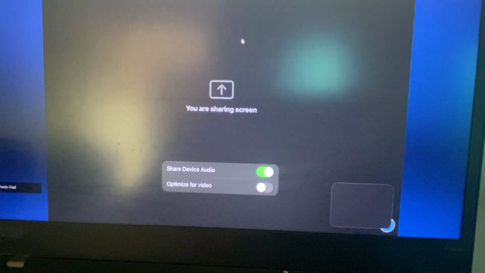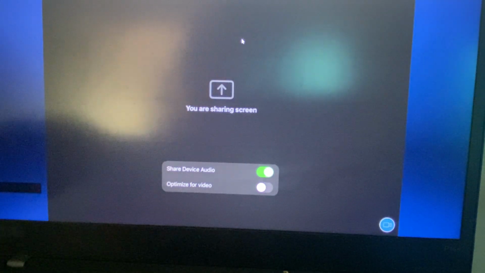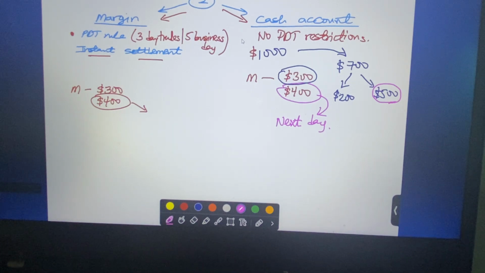The thing here now is that if you trade with the remaining 500, now you have to wait till the next day for everything to settle to be able to trade.